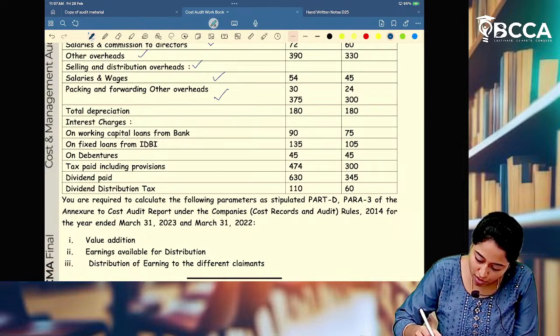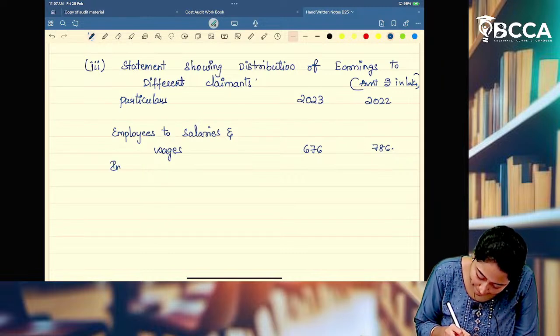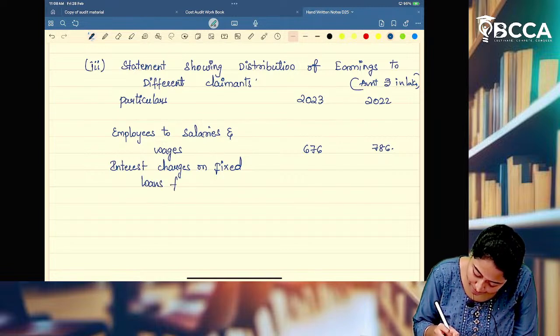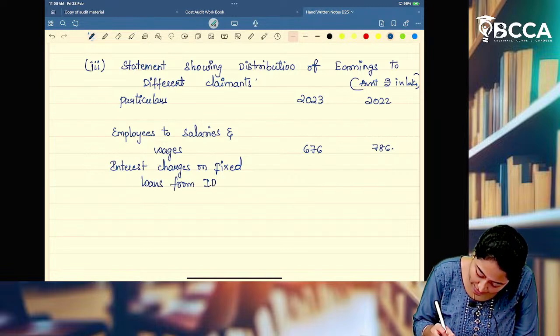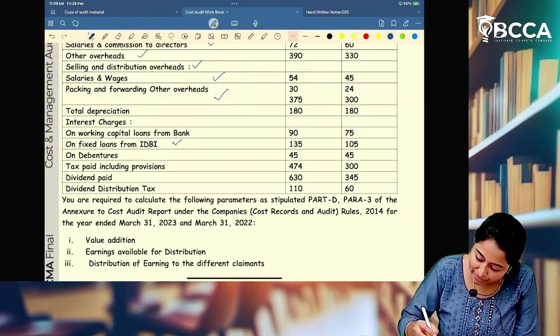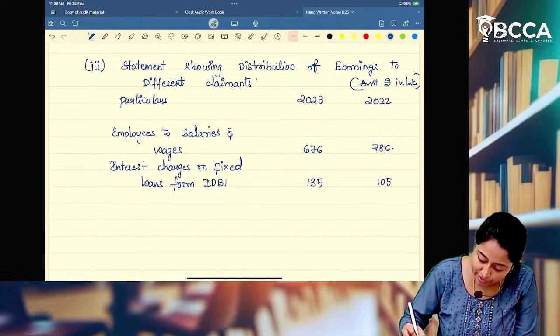Now, interest on fixed loans from IDBI. How much is it? It is 135 and 105.